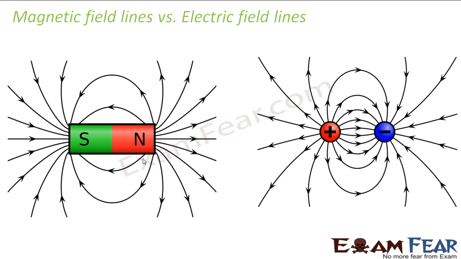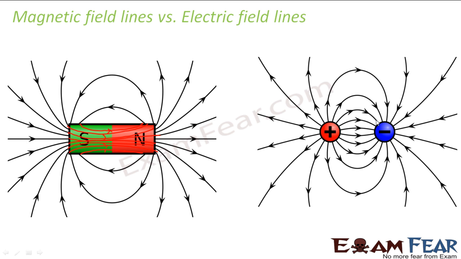When you look at the magnetic field lines, what do you see? It originates from North Pole and it terminates in the South Pole, but it forms closed loops. So it forms closed loops somewhat like this. Right? This is how they form closed loop. Whereas when you look at the electric field lines, they will originate from the positive charge and terminate in the negative charge.